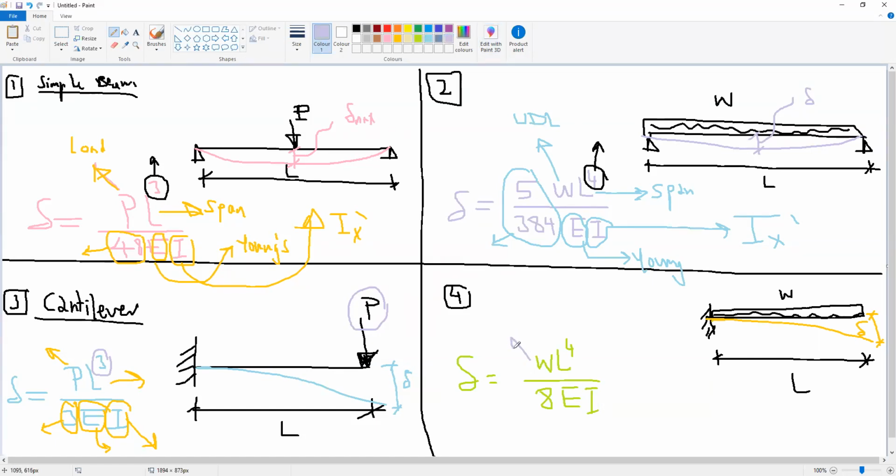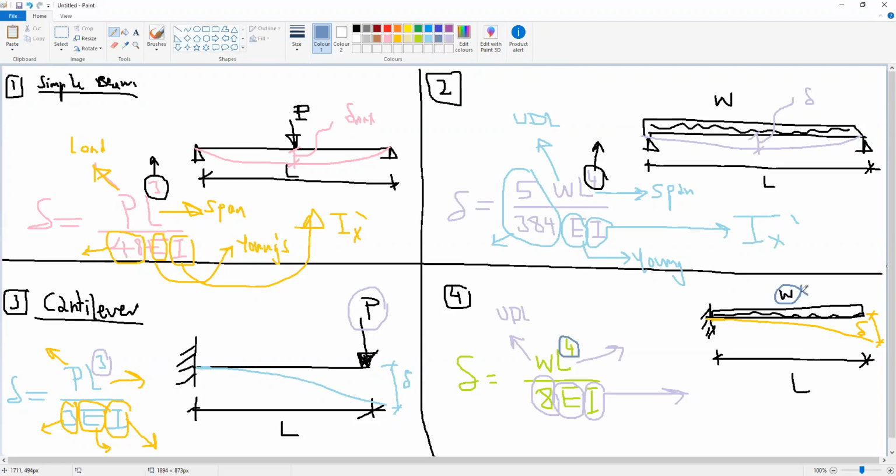W is the uniform distributed load. L is the span. 8 is the constant of this formula. E is the Young modulus. I is the inertia. And if we notice again, if we have a uniform load, it is L to the power 4, not to the power 3.